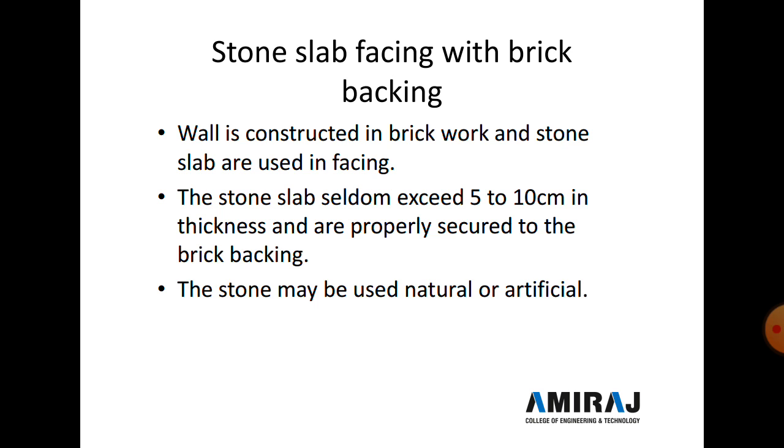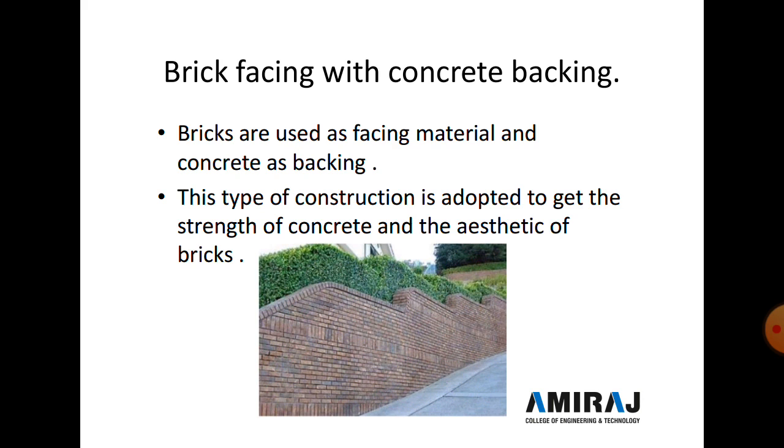Now the next type of composite masonry is brick facing with a concrete backing. So what is brick facing with a concrete backing? In this type of construction, brick is used as a facing material and concrete as a backing material. So first of all we construct a wall with RCC material, and on the face side we construct a wall with brickwork.